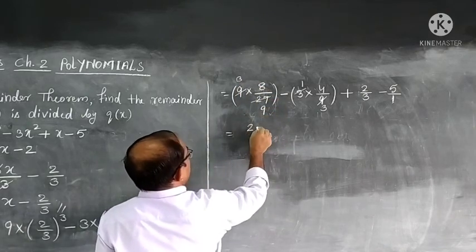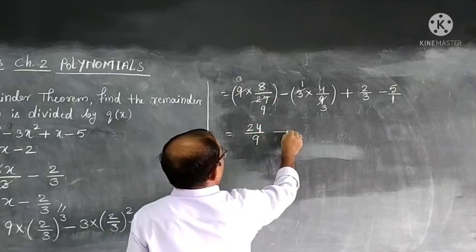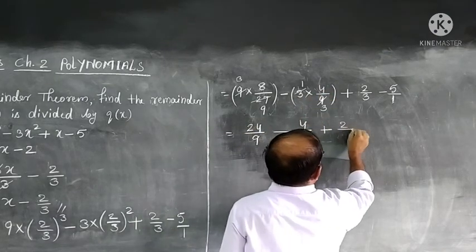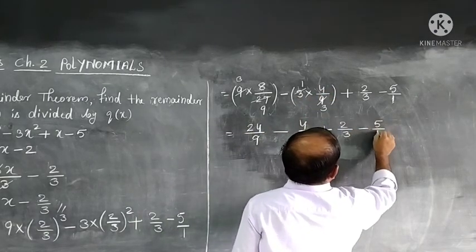So, 24 by 9 minus 4 by 3 plus 2 by 3 minus 5 by 1.